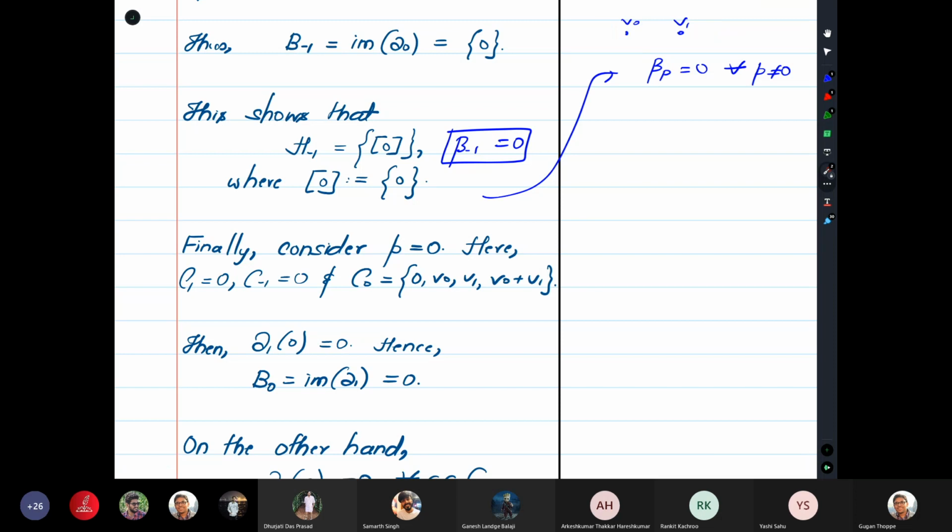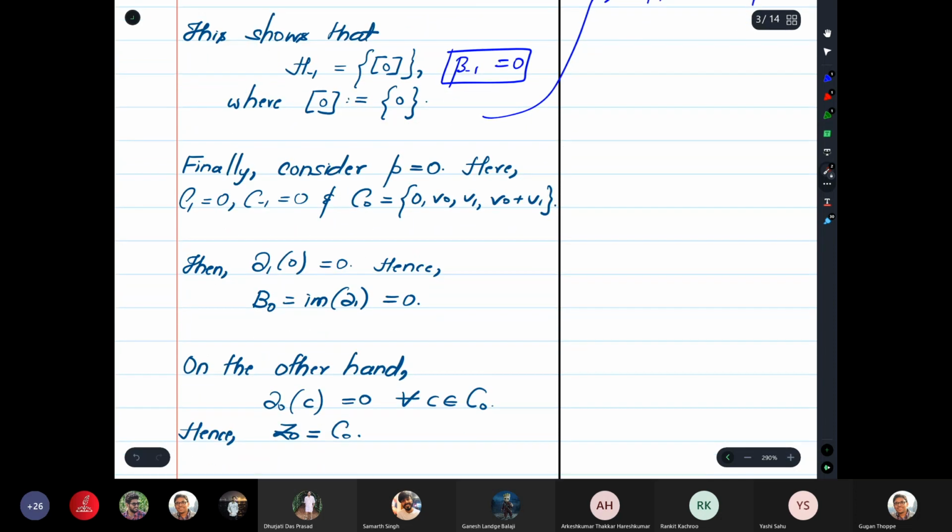On the other hand, making sure that the results we are obtaining match our intuition is also very, very important. So I hope you are able to appreciate that beta p turning out to be 0 is a good thing. It's good because this shows that this simplicial complex doesn't have anything interesting for p not equal to 0. Okay, so all that now remains is to discuss the p equals 0 case.